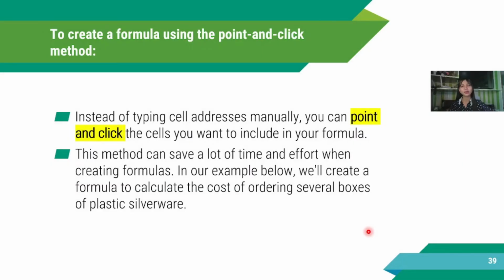To create a formula using the point and click method, instead of typing the cell addresses manually, you can point and click the cells you want to include in your formula. This method can save a lot of time and effort when creating formulas.